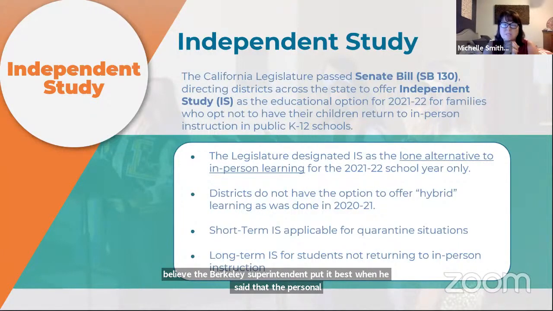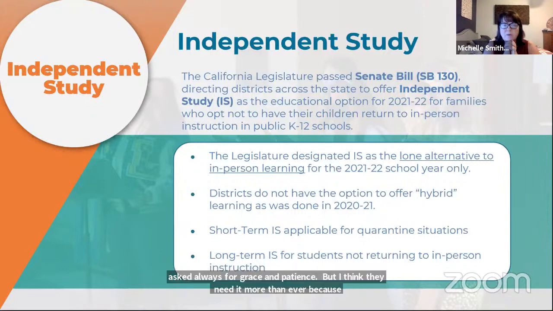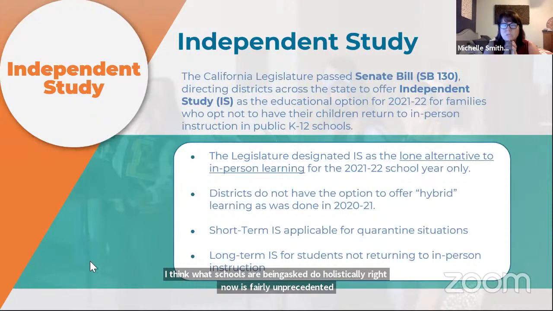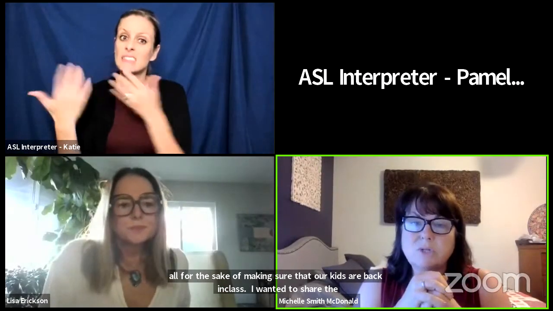We've always asked for grace and patience, but I think they need it more than ever, because what schools are being asked to do holistically right now is fairly unprecedented, all for the sake of making sure that our kids are back in class. So I just wanted to share some of the circumstances our schools are dealing with, because they are significant, but kids are back in class, which is where we want them.